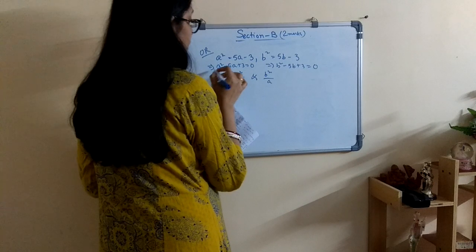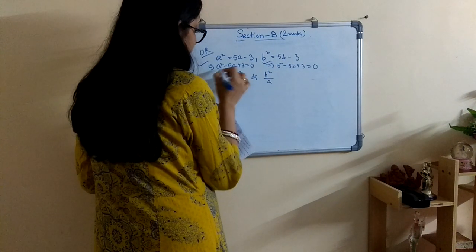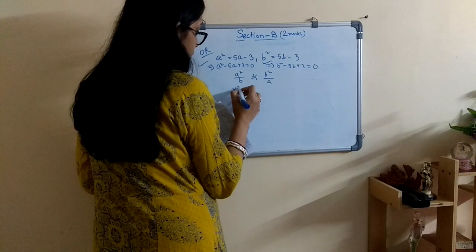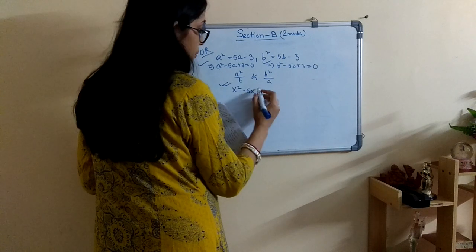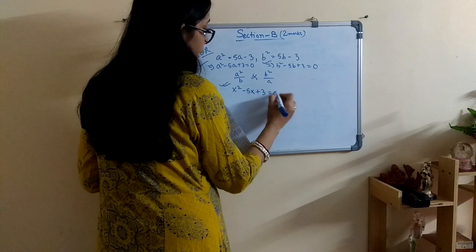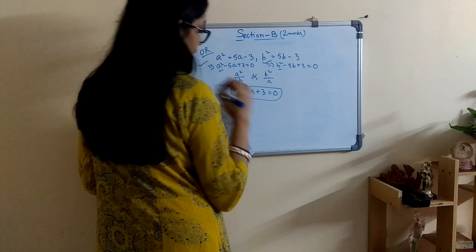By observing both these equations we can say that they are in the same format. So we can assume the quadratic equation x square minus 5x plus 3, where A and B both are the roots of this quadratic equation.